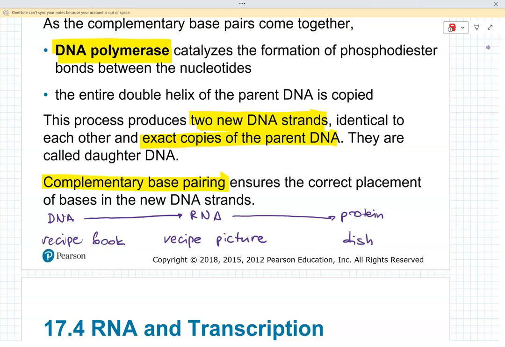But think about this. Wouldn't it be nice if you take a picture of the recipe, cook it, and next day it's gone automatically? You see what I'm saying? You don't need those pictures. They shouldn't be in an archive. Clear? And most of the cellular functions are carried out by proteins. Just like your friends aren't going to eat pictures on the phone or pages from the recipe book.